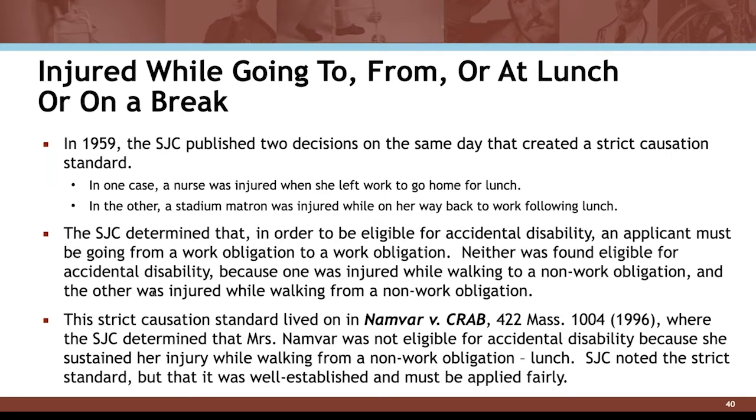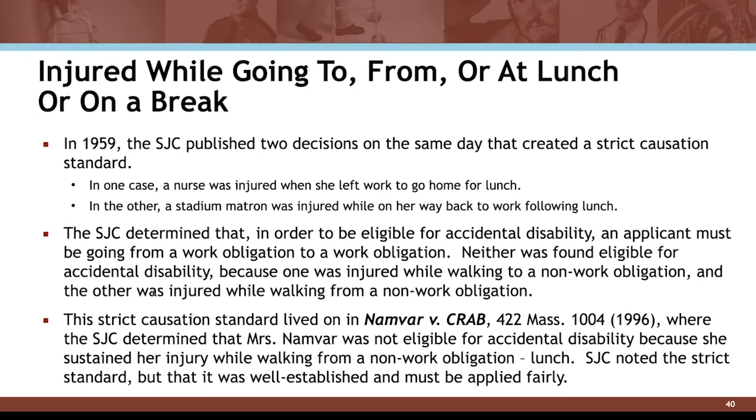The first one is injured while going to, from, or at lunch or on a break. In 1959, the Supreme Judicial Court, or SJC, published two similar cases on the same day. They both involved the Boston Retirement Board versus Crabb. In one case, the member was a nurse who was injured when she left work to go home for lunch.